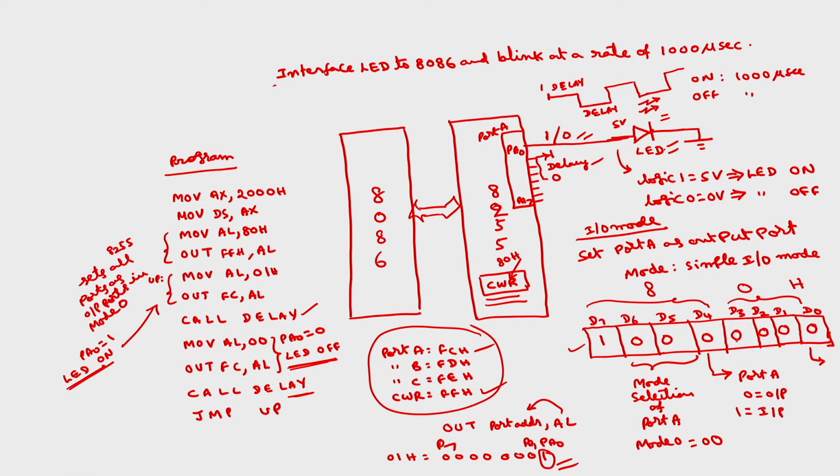Okay. So instead of this LED, if I replace with CRO, we can observe a square wave on the CRO. And what is the frequency of this CRO? That will be decided by this delay subroutine. Okay. Then how to write the delay program? So you load some CX with some number, move CX comma some number, this is a 16-bit number.